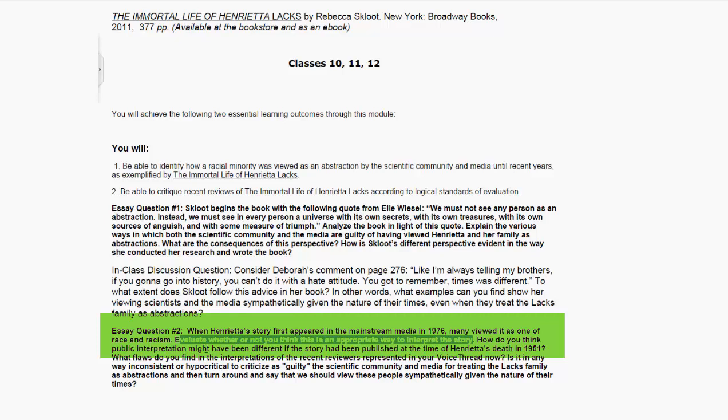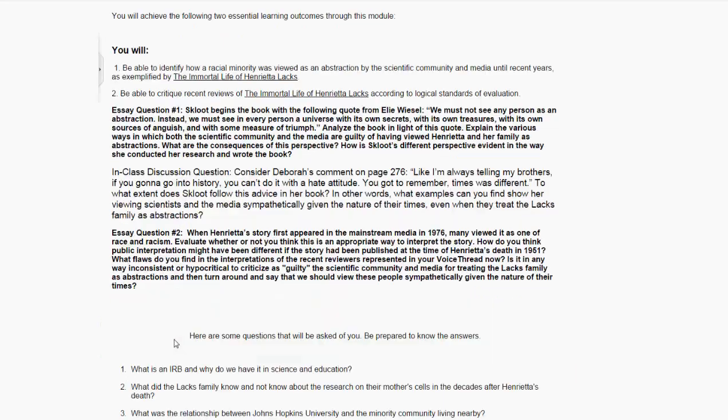In other words, was the treatment of Henrietta Lacks just another example of race and racism? Or is it more ambiguous? Is it more complicated than that? Are the times in which people write responsible for the verdict that they give on Henrietta Lacks?